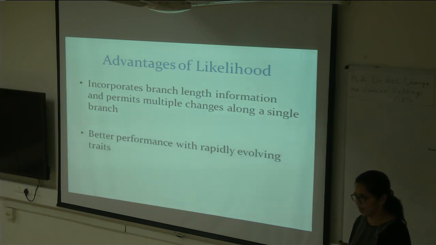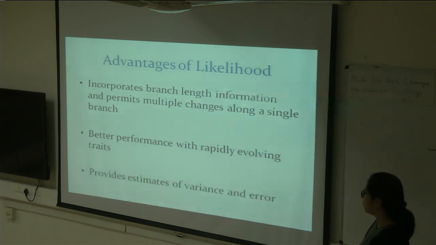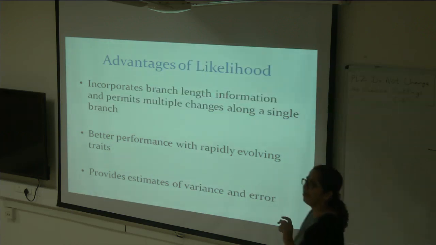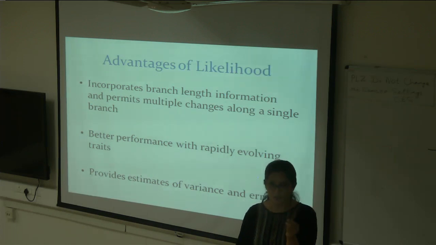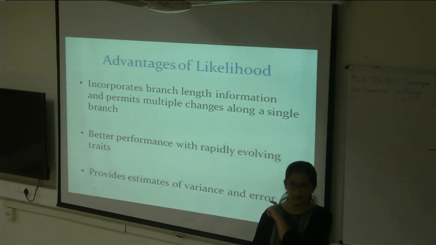It's faster and also useful for faster evolving traits. And you can have an estimate of error or variance, especially for continuous trait data. In parsimony, you can't have that. But in the likelihood approach, if I have continuous trait data for body length and there is associated error, I can incorporate that also.